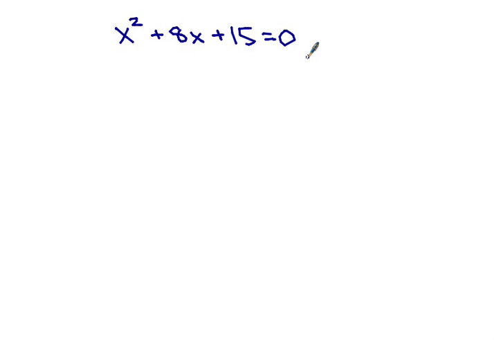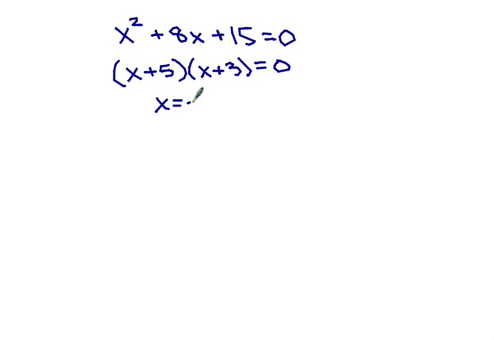Okay, and I'll say, what are your solutions for x? So you'll say x plus 5 and x plus 3. And so our two solutions are going to be x equals -5 and -3. So we're good to go there.